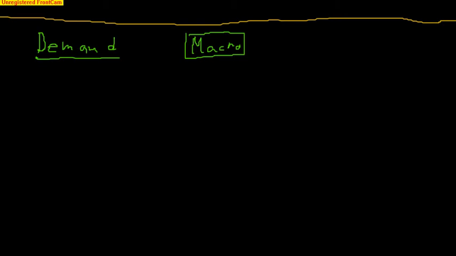And the way that we draw this out is we have some axes, and this is just a shorthand way of holding a lot of information. We want this axis to be price, and this will be quantity.